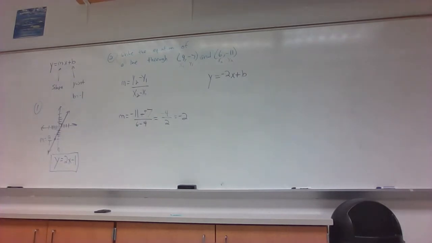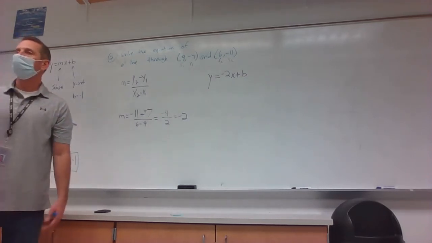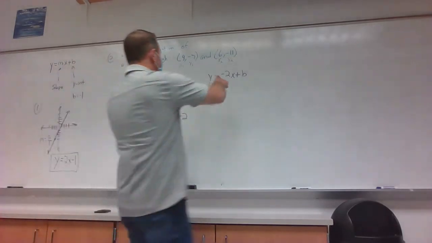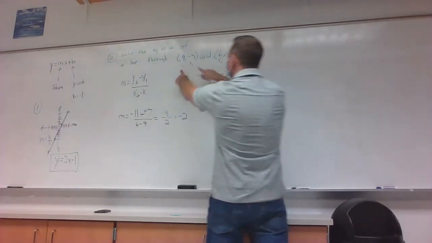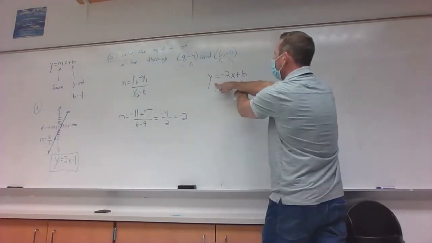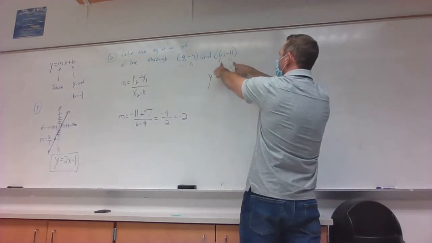Now who remembers what we did to find b? Bella? Which point? Either one. It doesn't matter, right? This is an x and a y. Here's another x and a y.